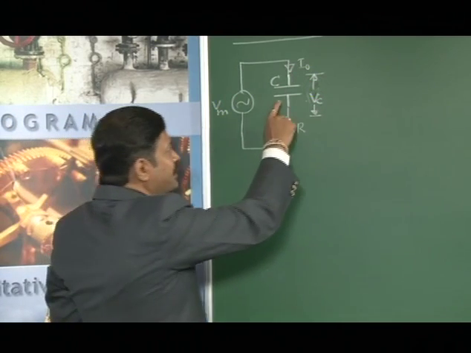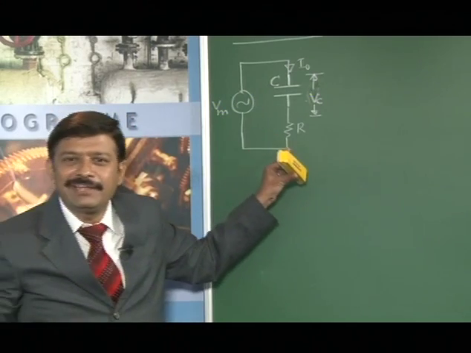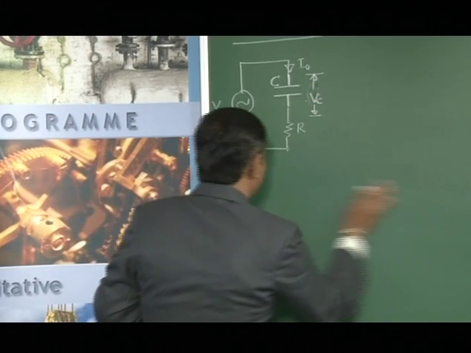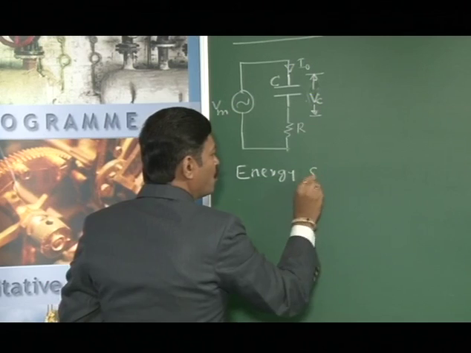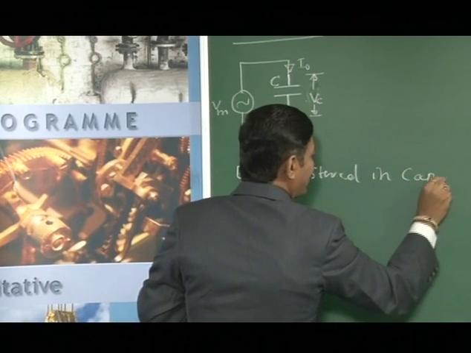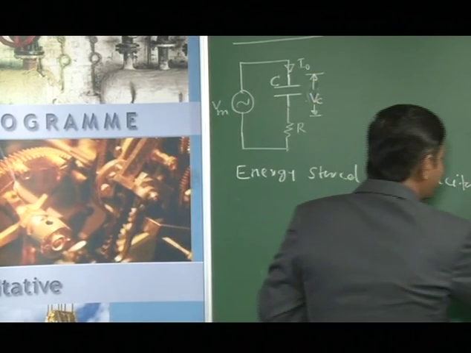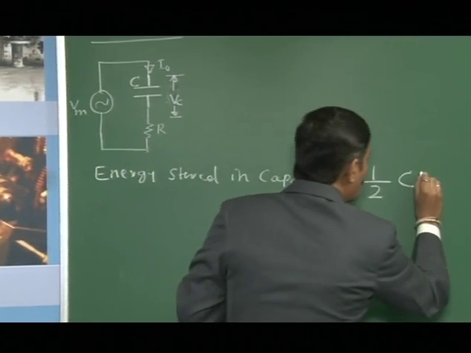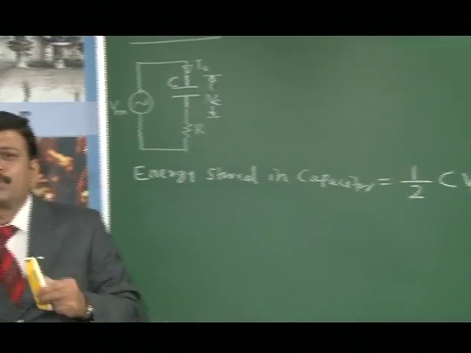Here the energy storing element is the capacitor and the energy dissipating element is the resistor. Similar to the inductor, energy stored in capacitor I will write as half C Vc square.